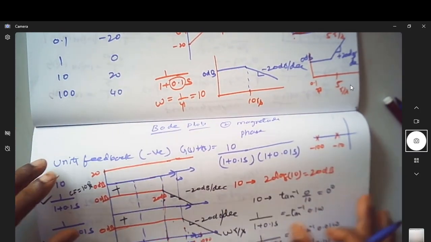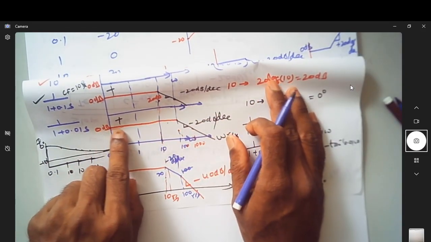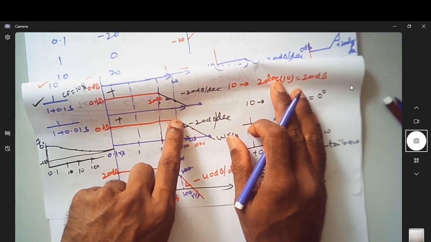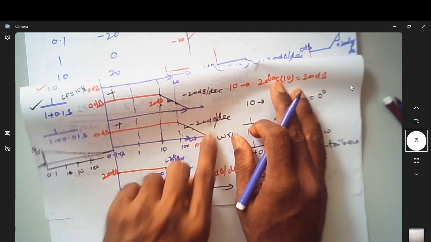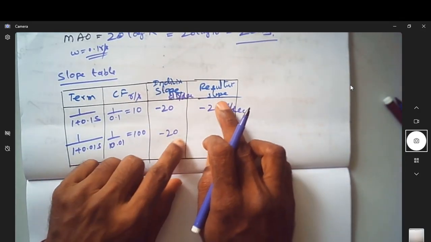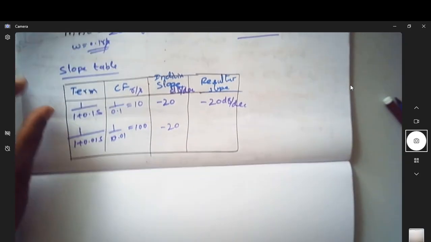So this is that term, 1 over 1 plus 0.01 s. The cutoff frequency is 100, and after 100 the slope is minus 20 per decade for this particular term. So what is the resultant slope? The resultant slope is something like this.